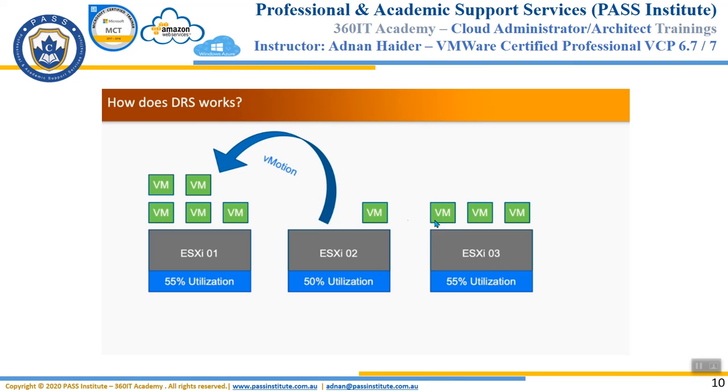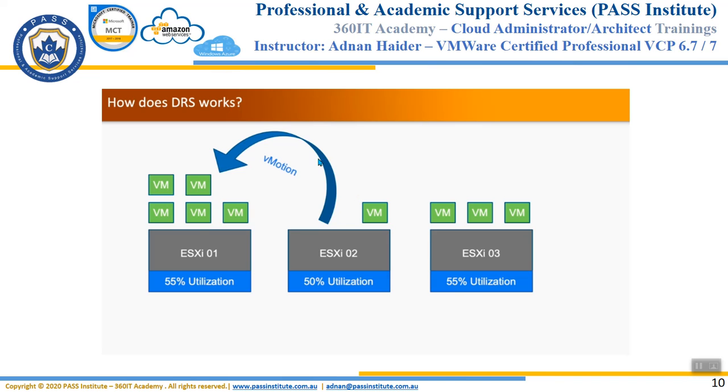In power management, if there is space on an ESXi host, so let's say this is 55% utilized, meaning you can move one of the VMs here, and once this VM is moved to this ESXi host, the utilization will slightly go higher. But this other ESXi host is now free and doing nothing because there is no VM sitting on it.